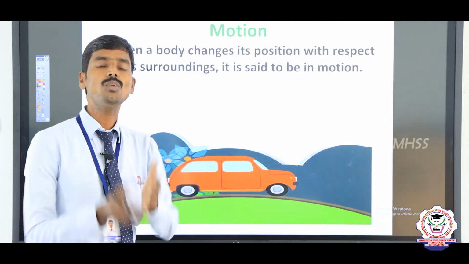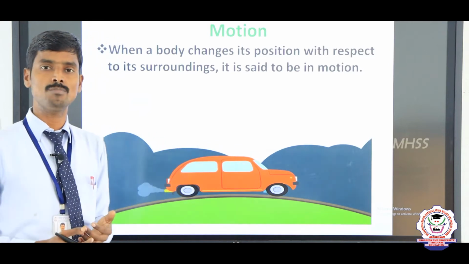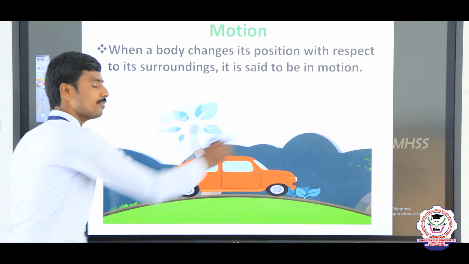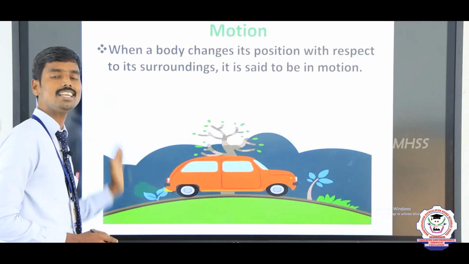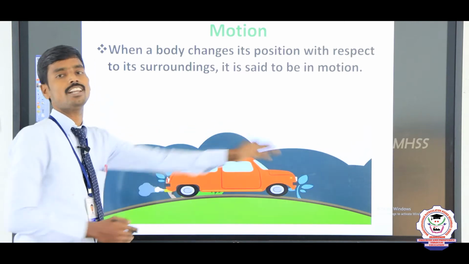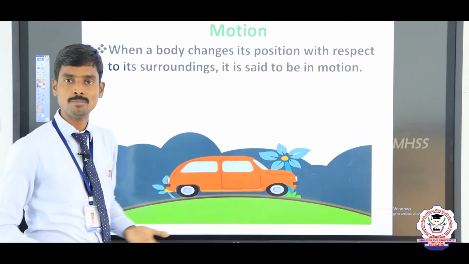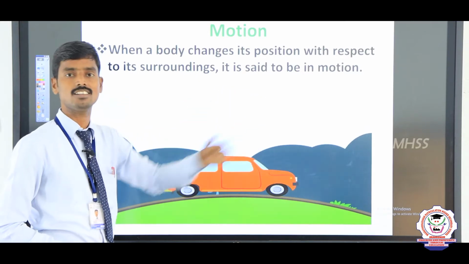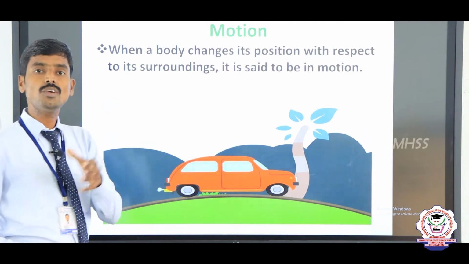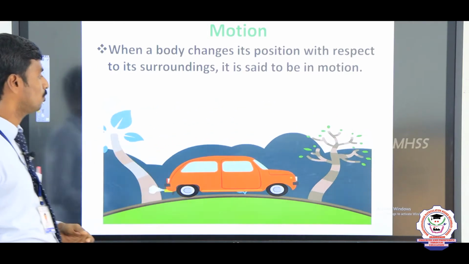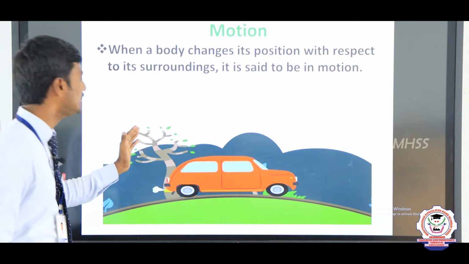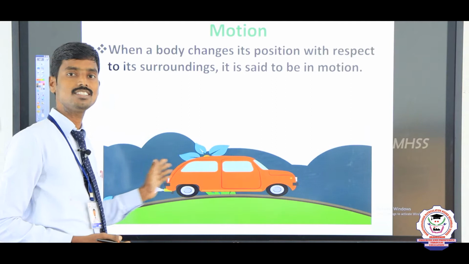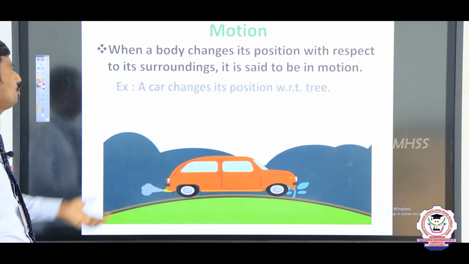For example, consider a car. It changes from an initial position to a final position with respect to the surrounding. The surrounding is the trees, houses, mountains, etc. When a body changes its position with respect to the surrounding, this is the definition for motion.